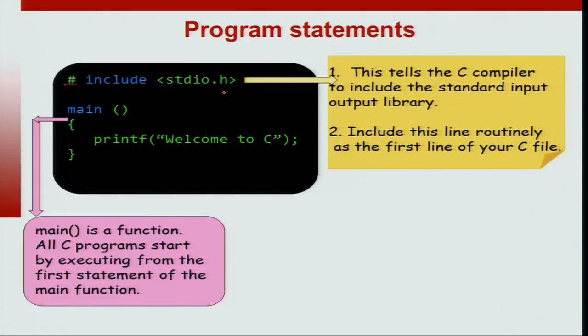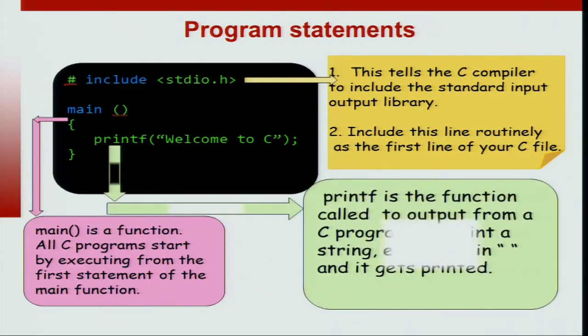Now if we look at the second line, we have a function called main, and again note the parentheses here, that is also part of the syntax. So main is supposed to be a function. All C programs start by executing the main function, and it starts from the first statement of the main function.